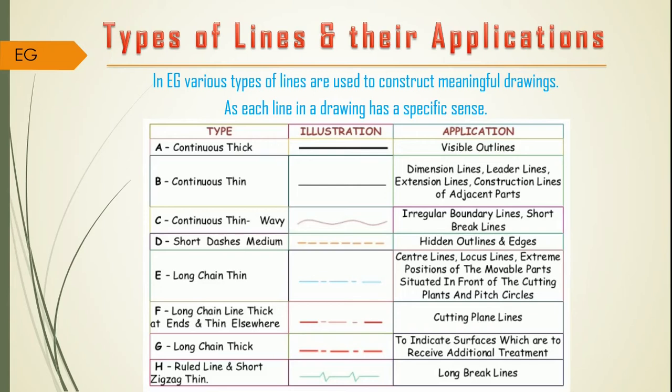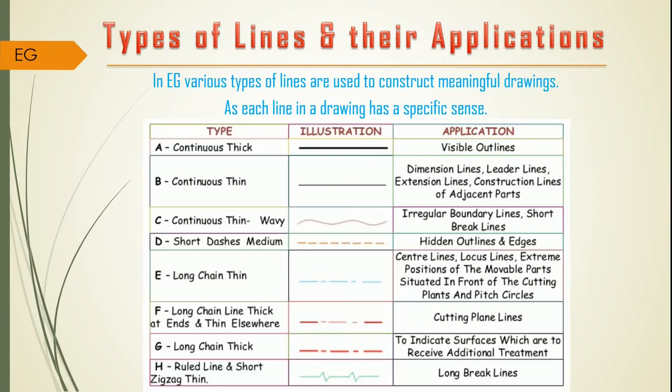Thicker means the ends of that long-short line have a thickness of 0.5 mm, and the middle part, apart from the two ends, is shown by a thin line with a thickness of 0.2 mm.